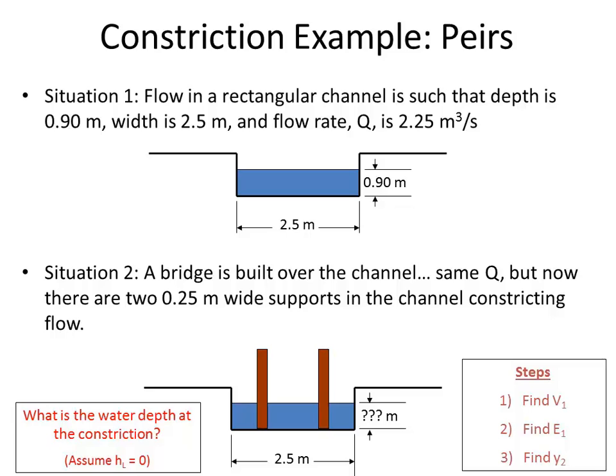Since we don't know the velocity at 2, we'll make that substitution that we often do for the velocity head term. Instead of having v squared divided by 2g, we'll say q squared divided by 2g a squared. And so we are going to say 0.951, which is the energy at 1, is equal to y2 plus q squared divided by 2g a2 squared.